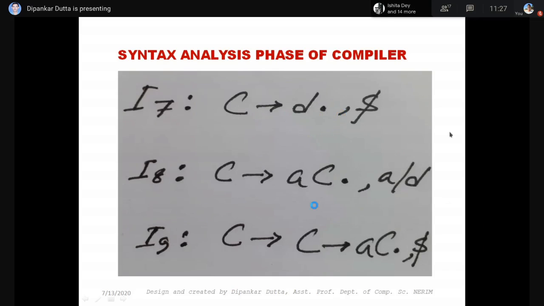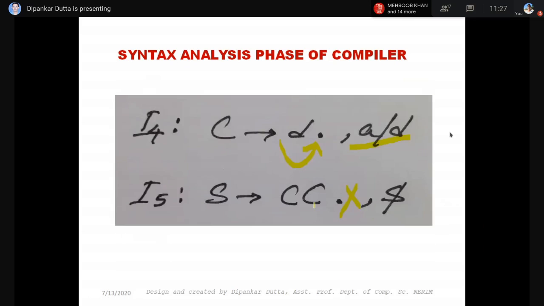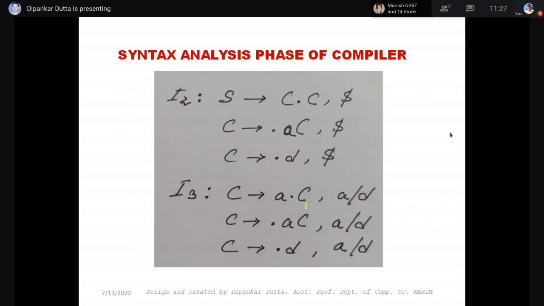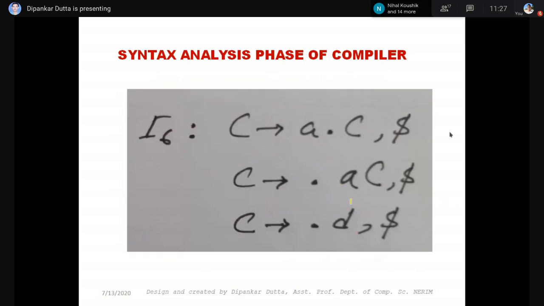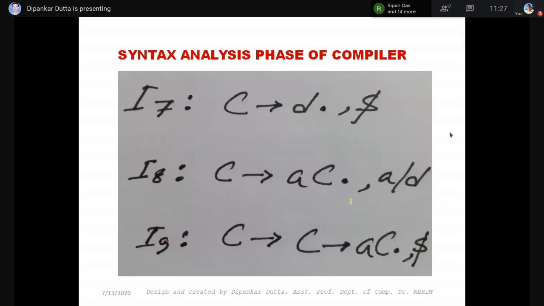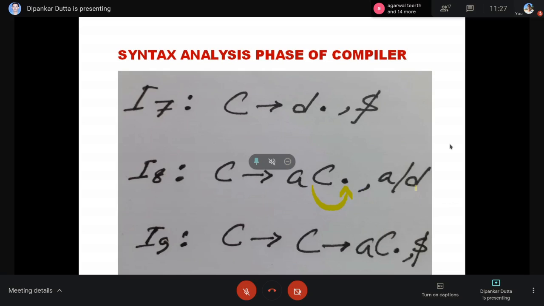Similarly, for the next, C implies AC dot AD. In I8, C implies, previously it was A dot C, so now this dot will be advanced to this position, AC dot, comma AD.